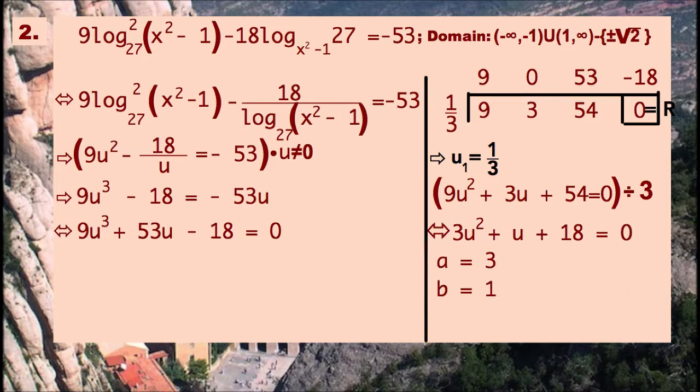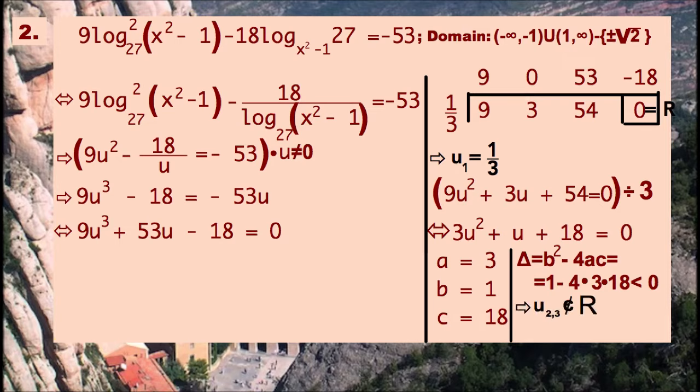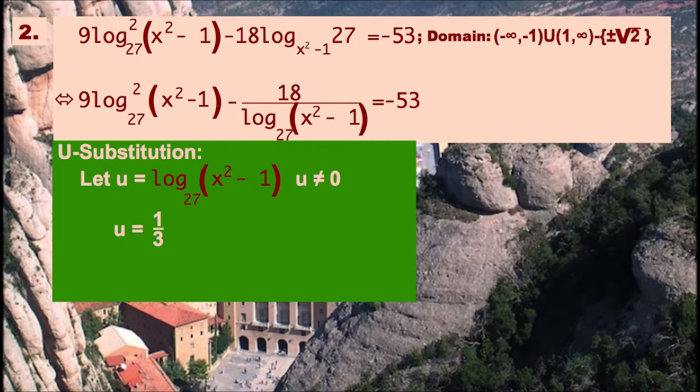A is 3, B is 1, C is 18. Now, delta is b squared minus 4ac, which is 1 minus 4 times 3 times 18, which, as you notice, is less than 0, which means u2 and u3 are not real. They're imaginary. That discriminant is negative, giving imaginary solutions.